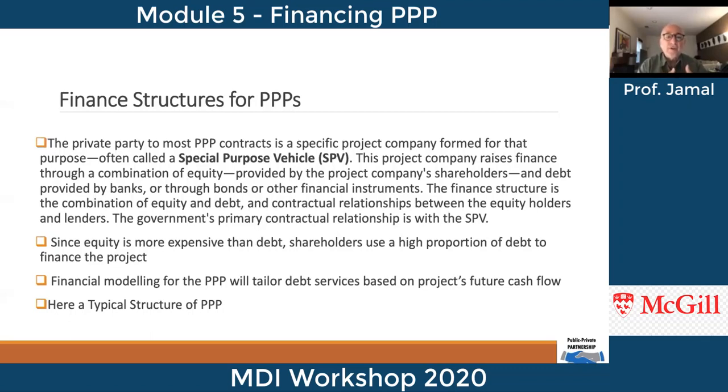The financial structure is the combination of debt and equity, as we said so far. And it's a contractual relationship between the equity holders and the lenders. The government's primary contractual relation is with the SPV, which is created in your country.